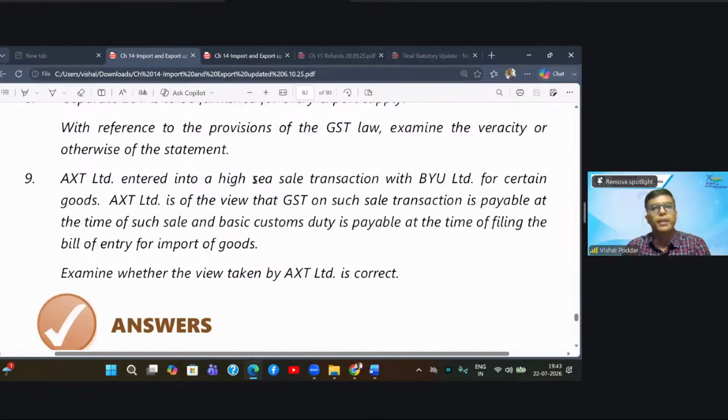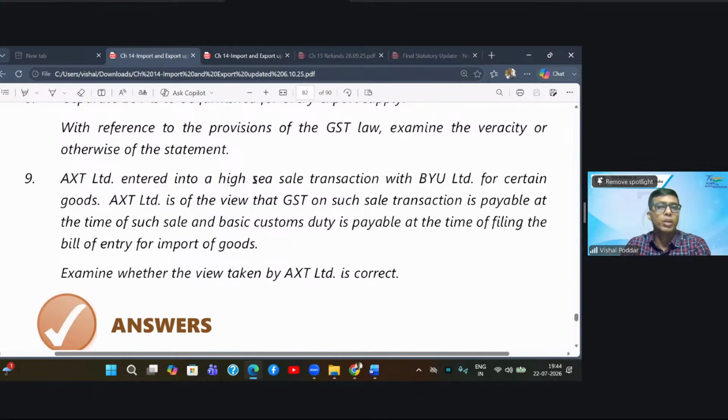Now we all know that in case of high sea sales, when you are making sale to another person while the goods are in high seas, that is in transit, in such cases, students, your transaction falls under Schedule 3 of the CGST Act. Since it falls under Schedule 3 of the CGST Act, hence there is no GST applicable because it will be treated as neither supply of goods nor supply of service, and it will not be leviable to SGST or CGST or IGST.